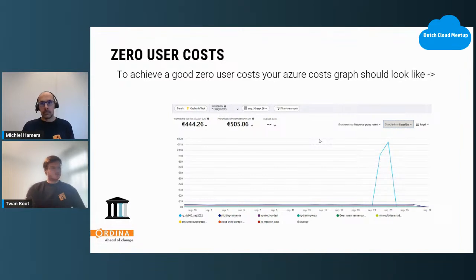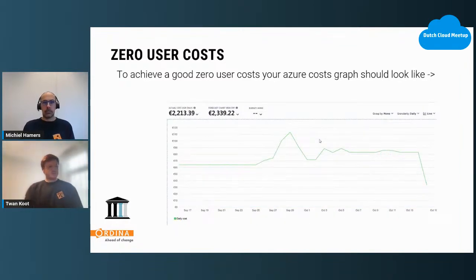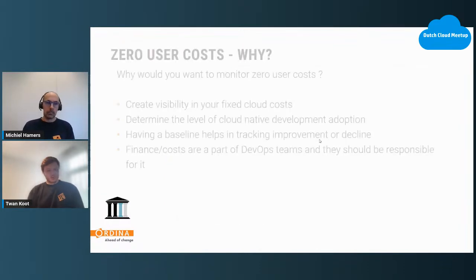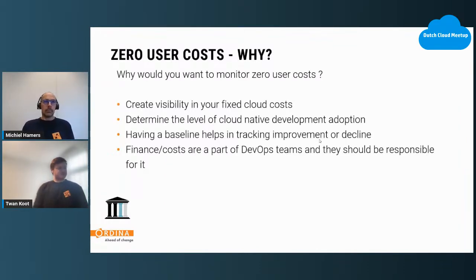In the next example, even better, we have a small line again, and we deploy a new feature which is being used, and you see movement in the cost line based on the usage of your system. That's something you probably need to achieve. On the next slide, Michiel is going to say why it's handy to have visibility into zero user cost.